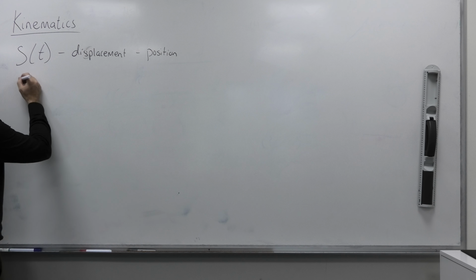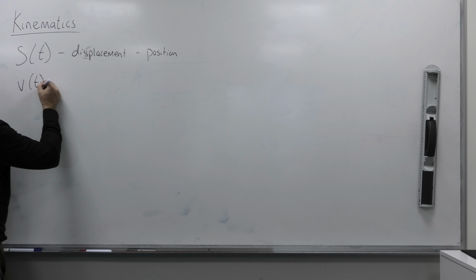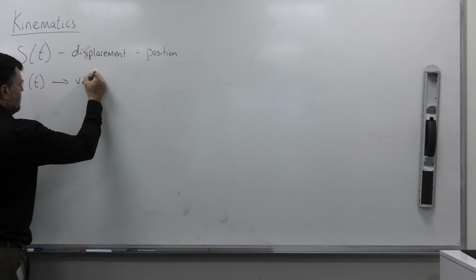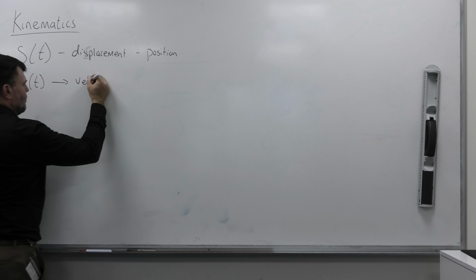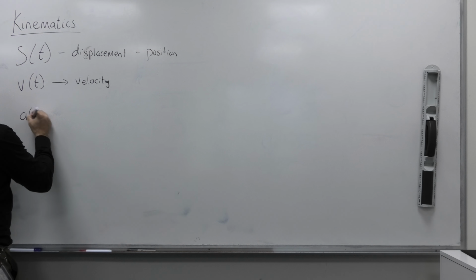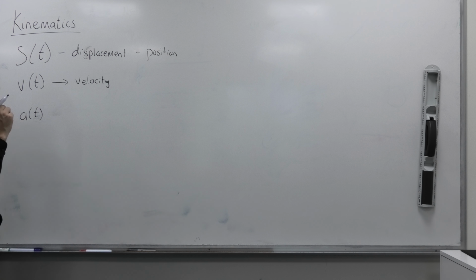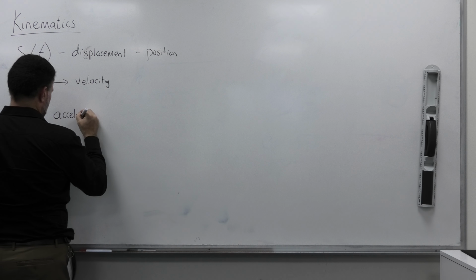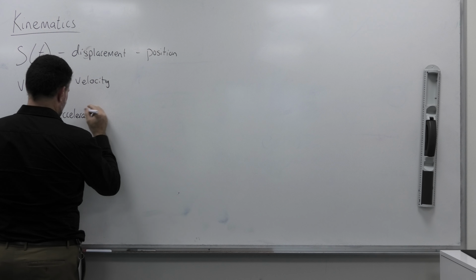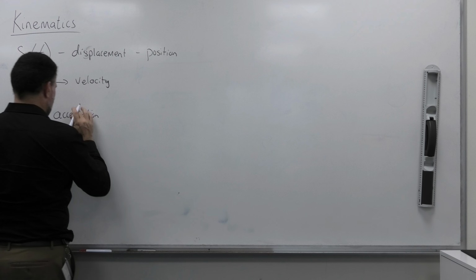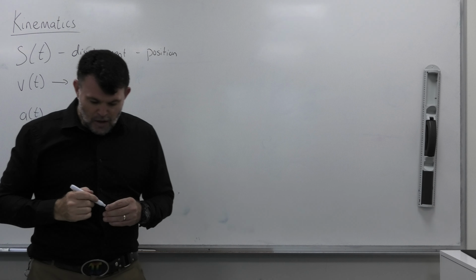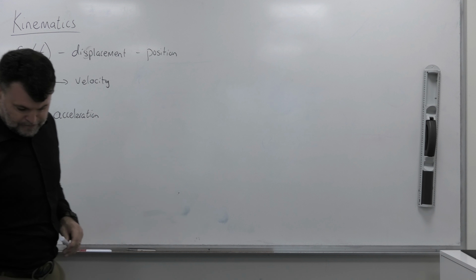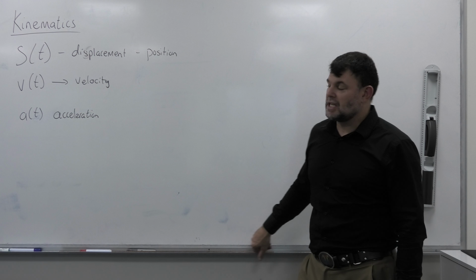We have our velocity function, which is v of t, and this measures the velocity of the object. And then we have a of t, which measures our acceleration, which measures how fast an object is moving.